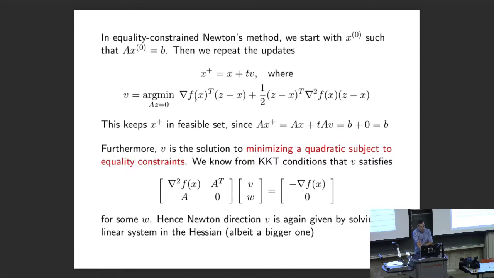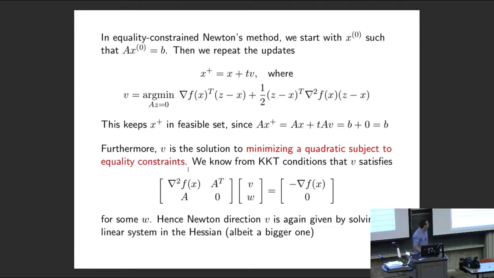And we actually went through this case specifically when we talked about the KKT conditions. This is minimizing a quadratic function of z, thinking of x as fixed, subject to equality constraints. We know we can use the KKT conditions to write down necessary and sufficient conditions for the solution here: a convex quadratic subject to equality constraints.